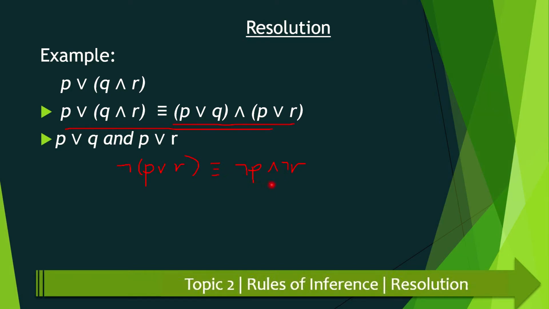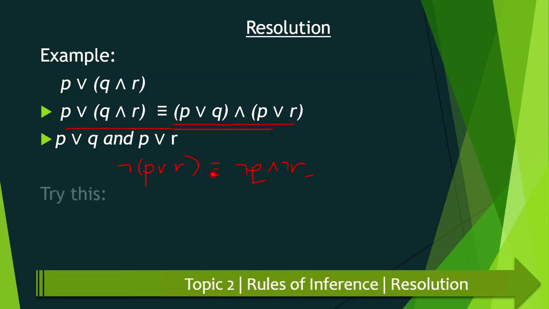Not P and not R, each of these is called a clause. And in the rule of resolution, you can replace this statement with one of the clauses, which is not P and not R.